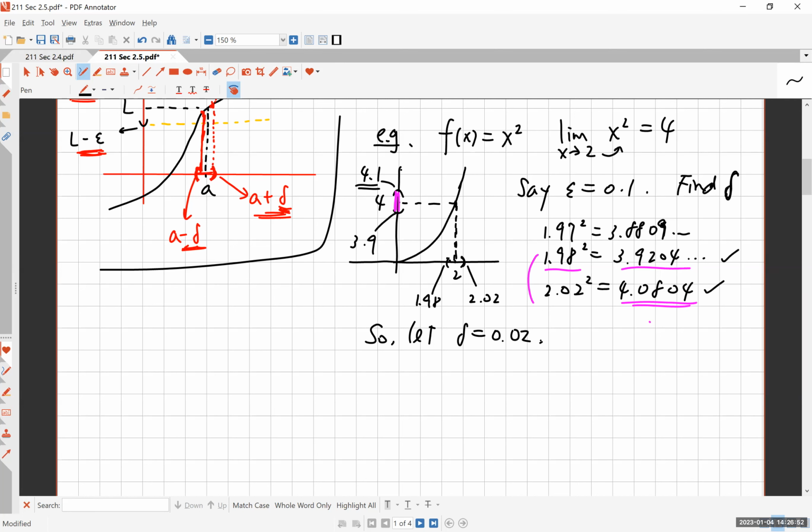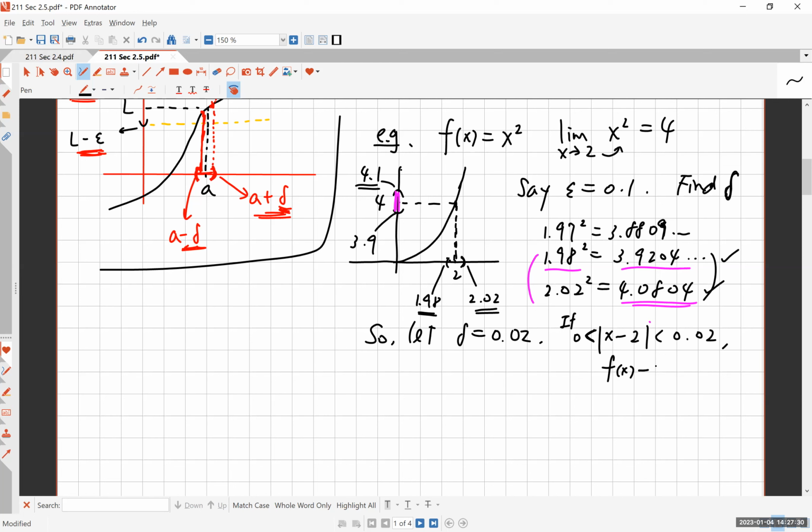And guess what? As long as my x is between 1.98 and 2.02, in other words, as long as my x value is less than 0.02 units from the number 2, and it's not exactly 2, it doesn't matter in this case, then f of x, as you see, varies from, let's see, 3.92 to 4.08.